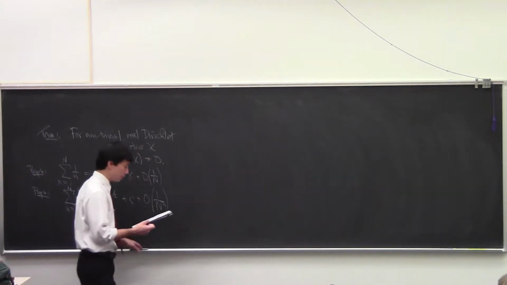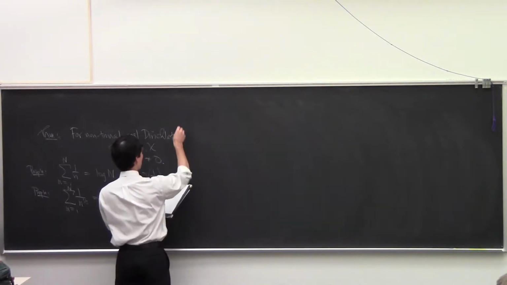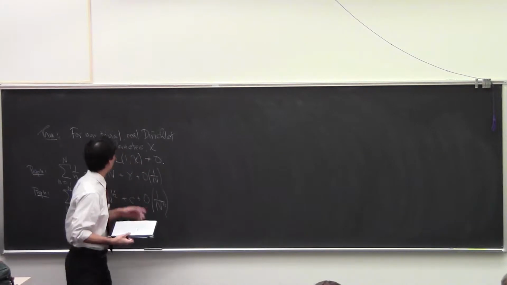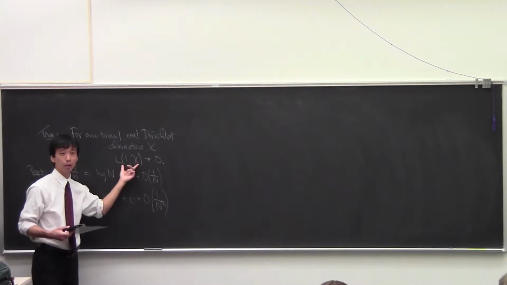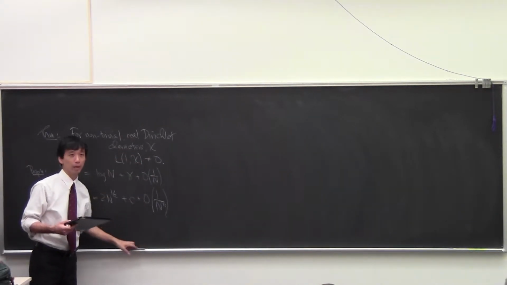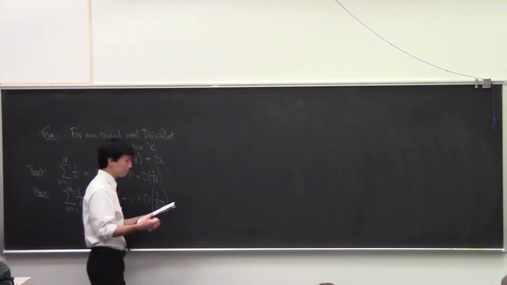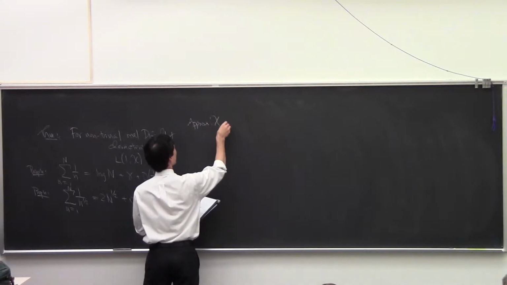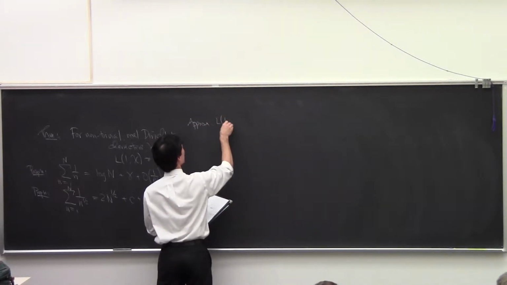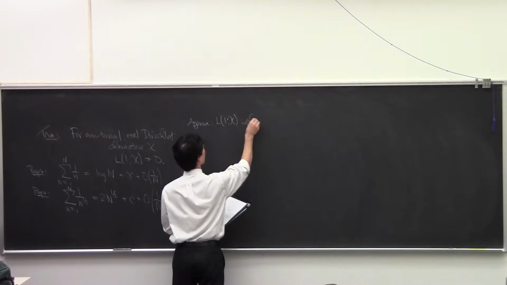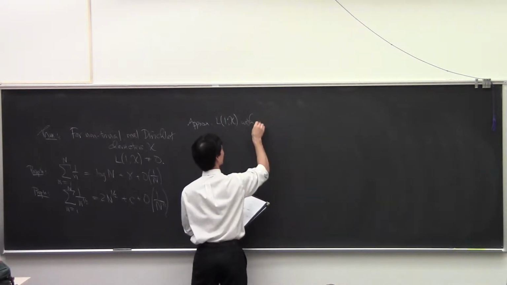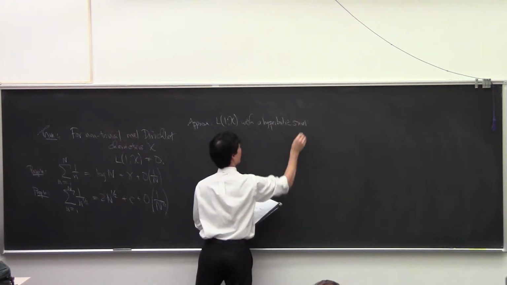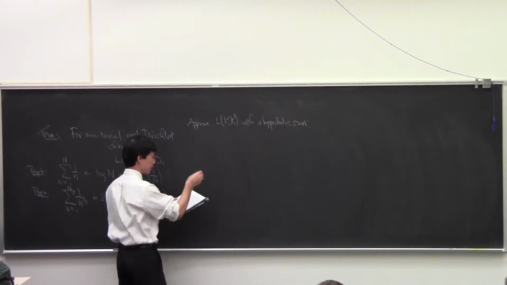Okay, so what we're going to do is approximate this thing, L(1, chi), with what's called a hyperbolic sum. And it goes like this.